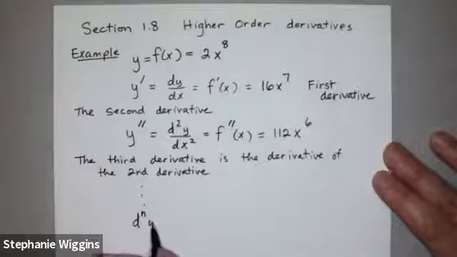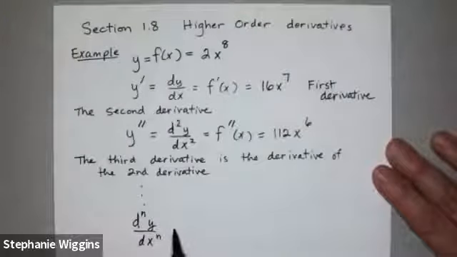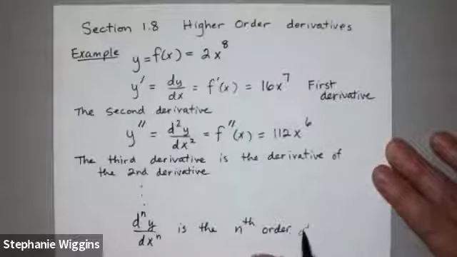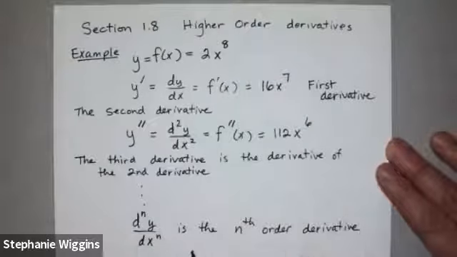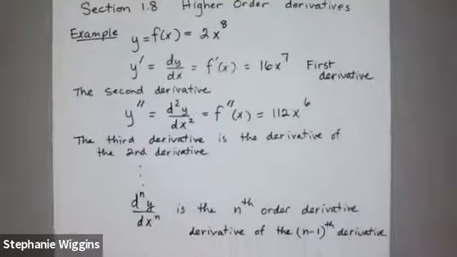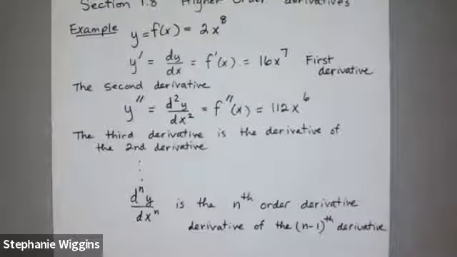So d^n y dx^n is the derivative of the nth order, which is the derivative of the n-1th derivative. Okay? So most of the problems in your homework are just asking for the second derivative.